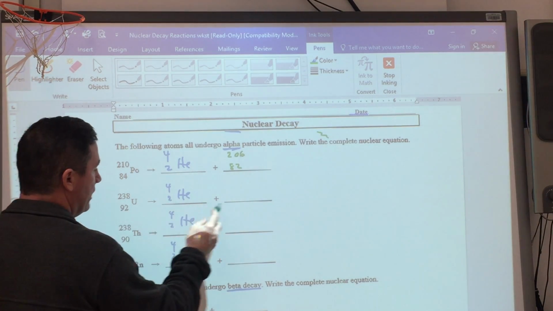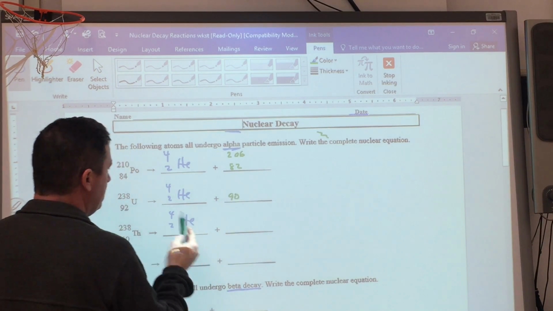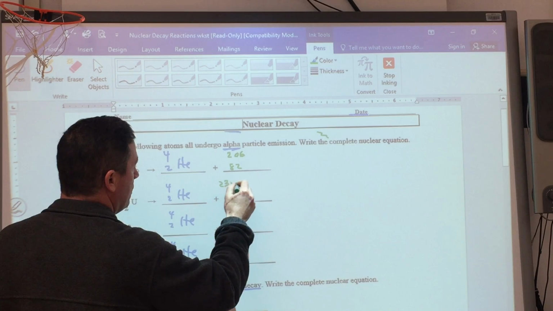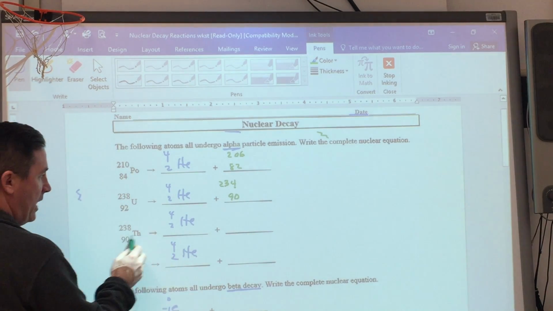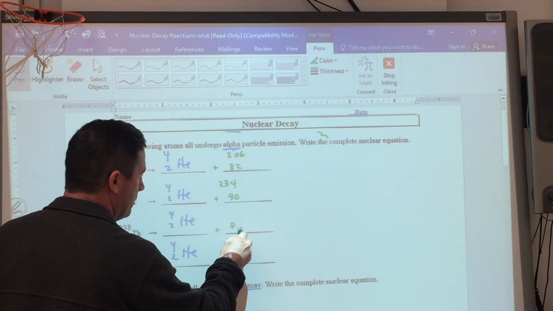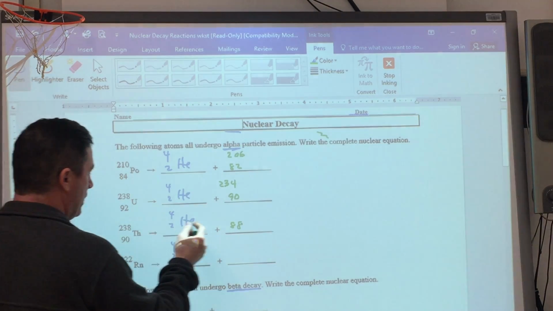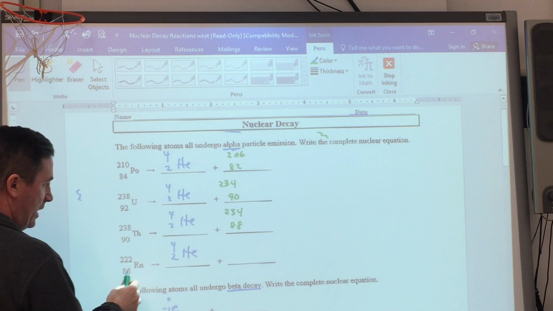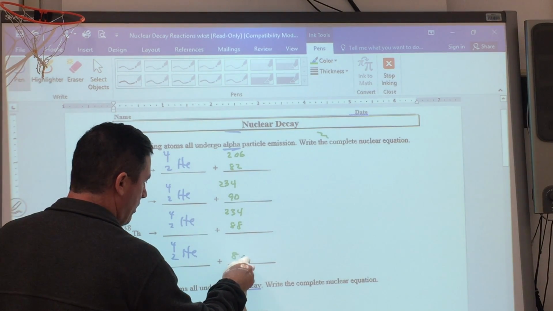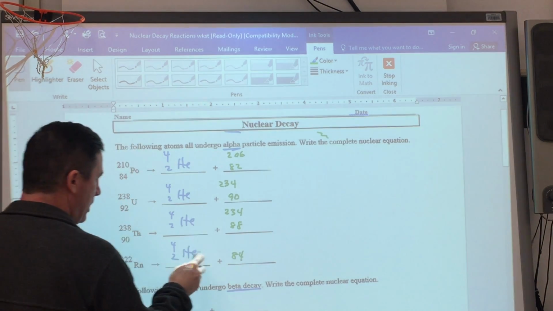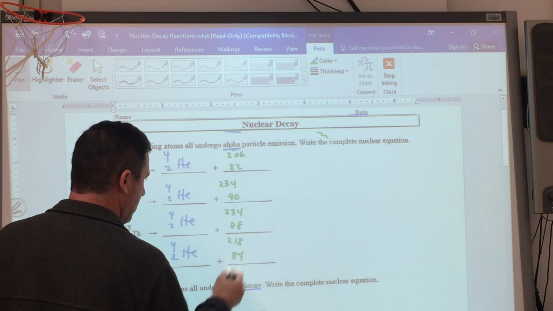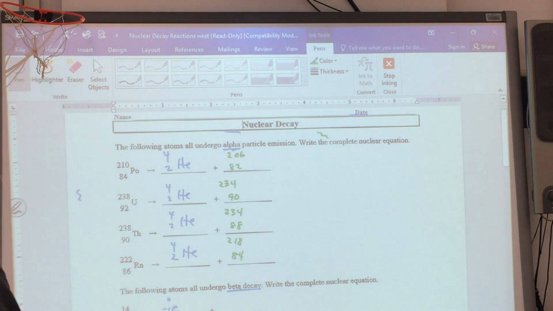So 92 minus 2 is 90. 238 minus 4 is 234. 90 minus 2 is 88. 238 minus 4 is 234 again. And 86 minus 2 is 84. 222 minus 4 is 218. Okay, so then you would just look these up.